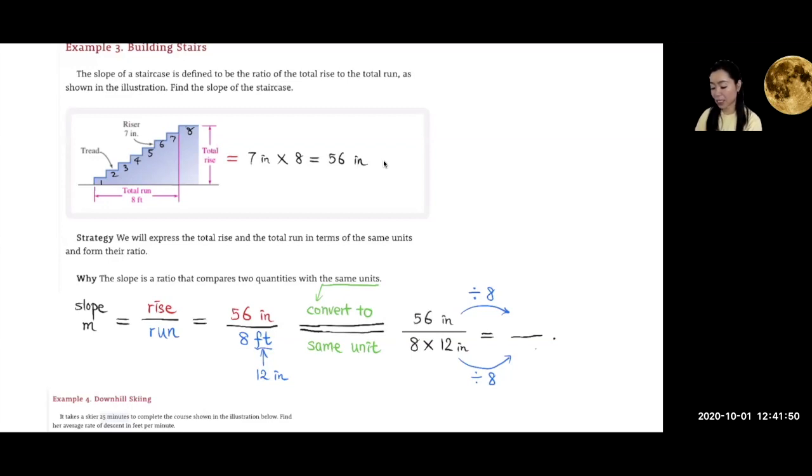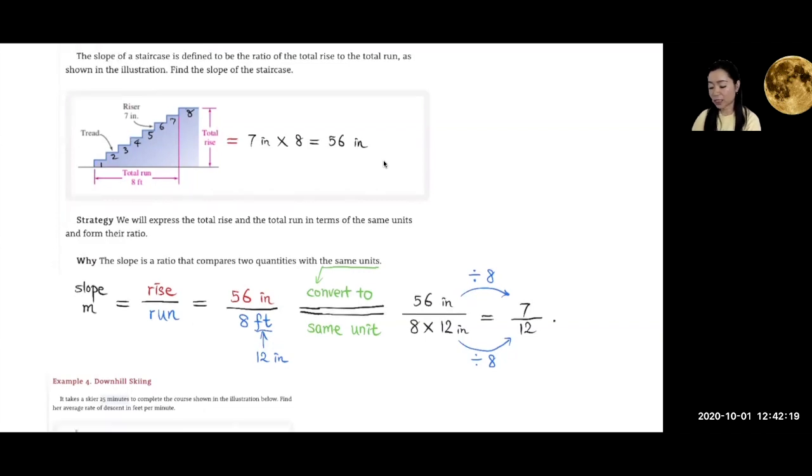So 56 inches over 8 times 12 inches, we want to reduce it when possible. We can divide by 8 up and down, and we get 7 over 12. So this ratio is the slope of the staircase, 7 over 12. Which means for every 7 inches you go up, you run over 12 inches.